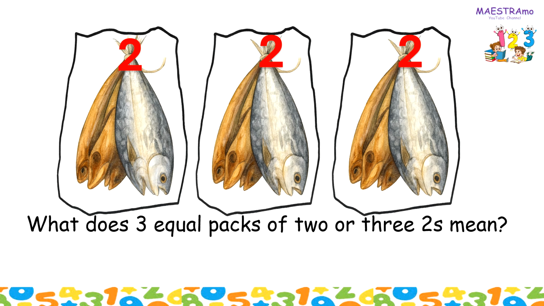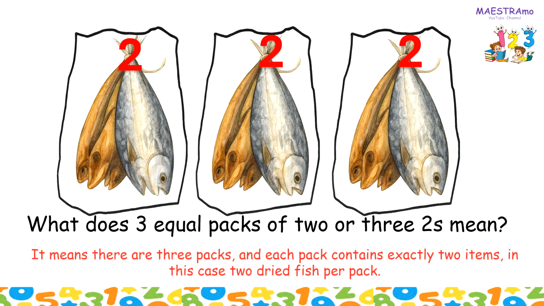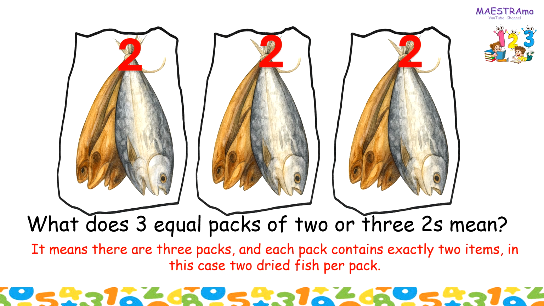What does 3 equal packs of 2 or 3 twos mean? It means there are 3 packs and each pack contains exactly 2 items. In this case, 2 dried fish per pack.